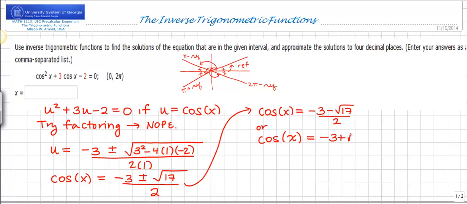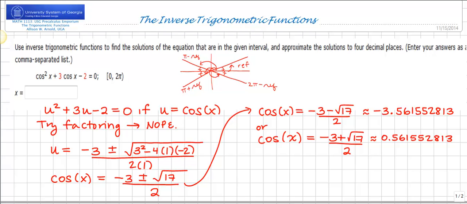Now pull out your calculator and let's get a decimal approximation that for now we're going to choose not to round, and let's see what happens. Observe the values that I found with my calculator. Negative 3 minus root 17 over 2 is approximately negative 3.56. I've kept all my decimal places.